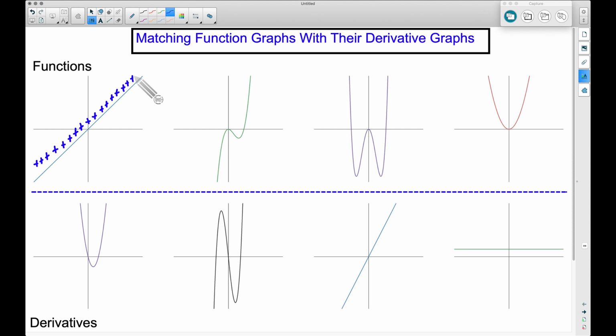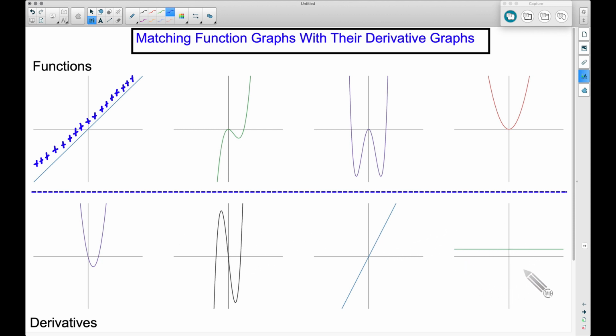As a matter of fact, anytime you have a line, the derivative is going to be a constant, but that's neither here nor there right now. Like I was saying, this line is increasing from left to right, which implies your derivative is always going to be positive. So looking down here at our derivative graphs, which one always has a positive y value?